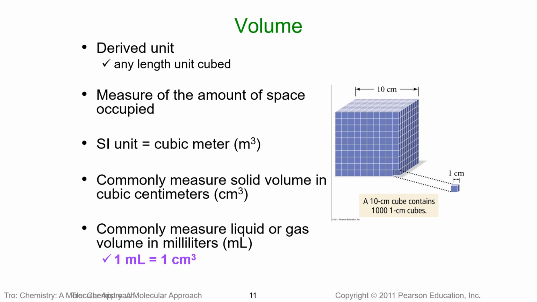If you want to convert that, it is 3 milliliters. So 1 cubic centimeter and 1 milliliter are the same volume. This is an important conversion to remember. It allows you to transfer between solids and liquid measurements easily.